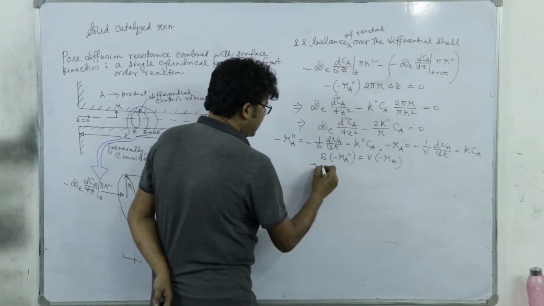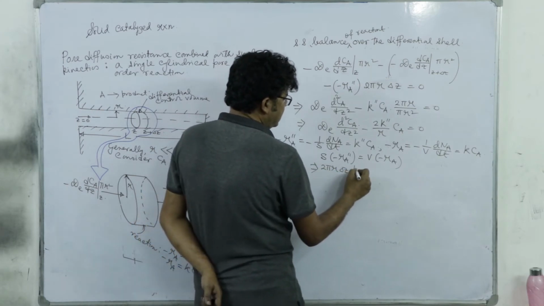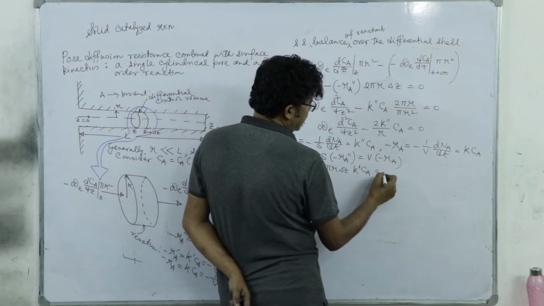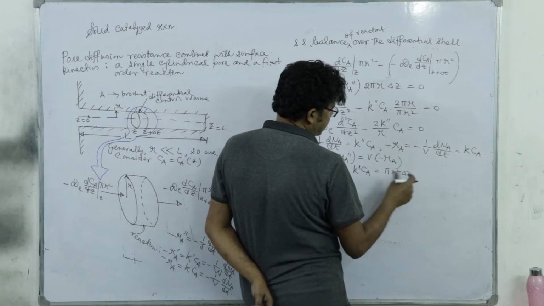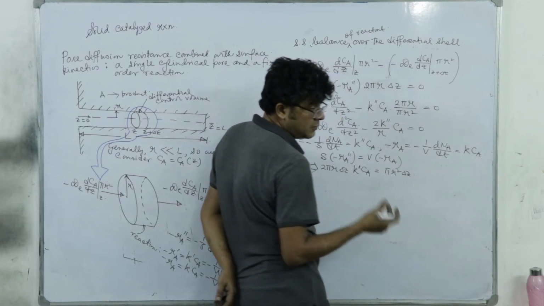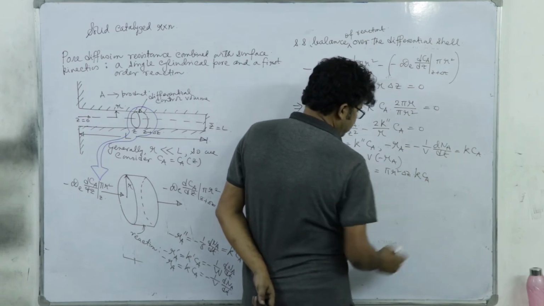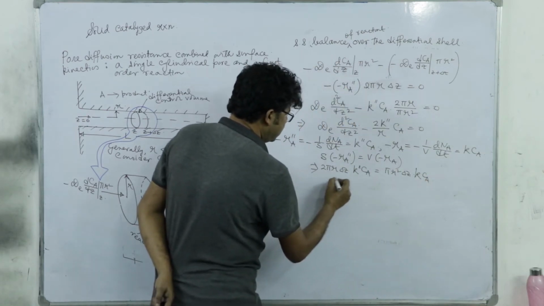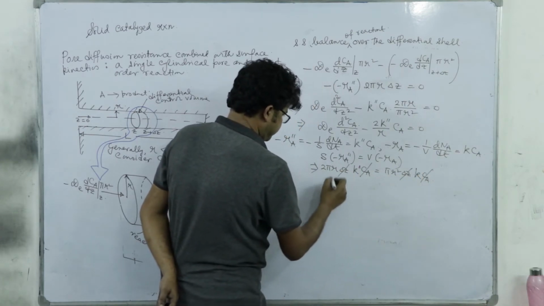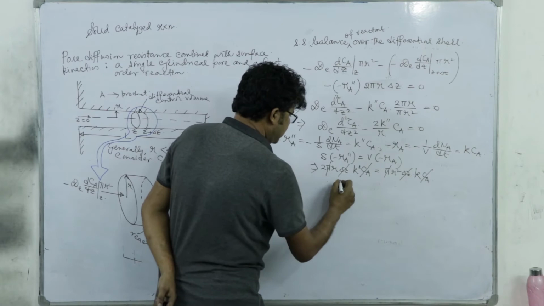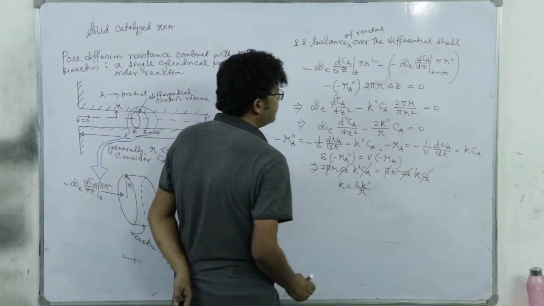Which means the surface area 2 pi r into delta z into k double prime into Ca is pi r square into delta z, volume of the reactant, that is same as the volume of the pore over this differential shell, into k into Ca. So, this Ca cancels out, delta z cancels out, pi cancels out. So, k is equal to 2 k double prime divided by r.